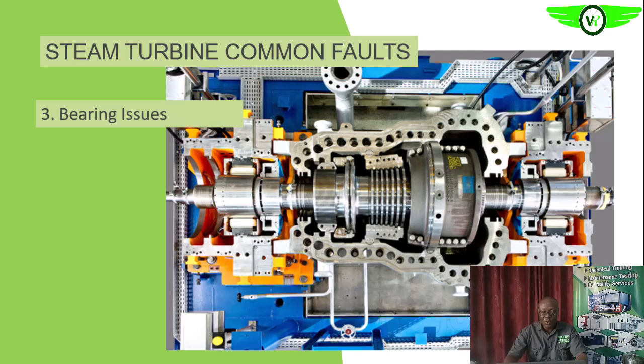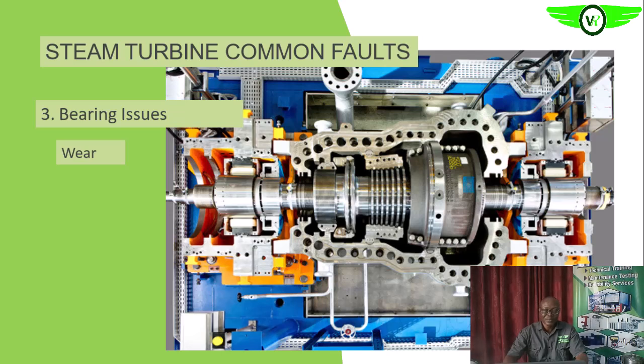So once they have issues, it will not be able to perform these two functions. Are we getting it? Thus reducing the efficiency of the turbine and may even result in other catastrophic events that may damage the turbine itself. So what are these issues?